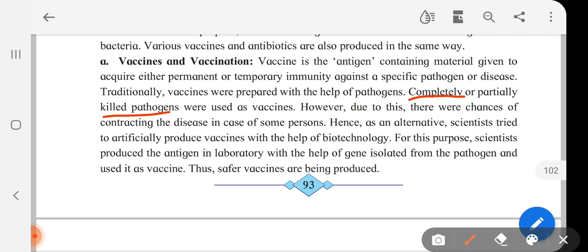But because of certain problems in some persons, this practice is stopped now. Now scientists artificially produce vaccines with the help of biotechnology. For this purpose, scientists produce the antigen in the lab with the help of a gene isolated from the pathogen, and they use it as a vaccine. So this is how vaccines are produced nowadays.